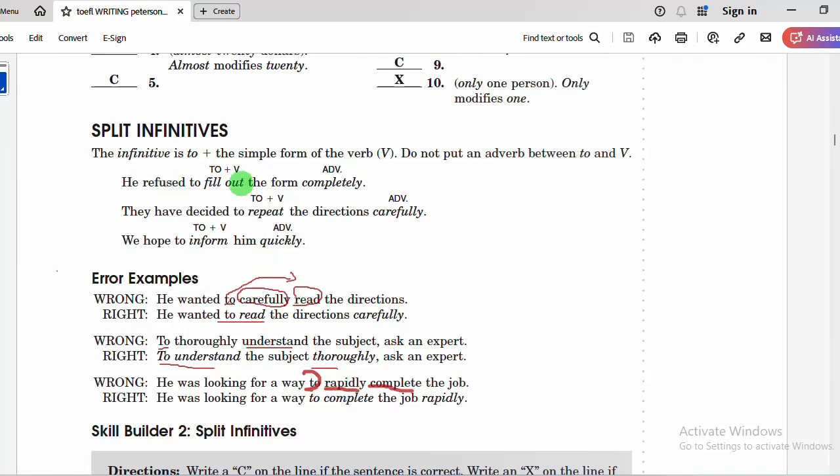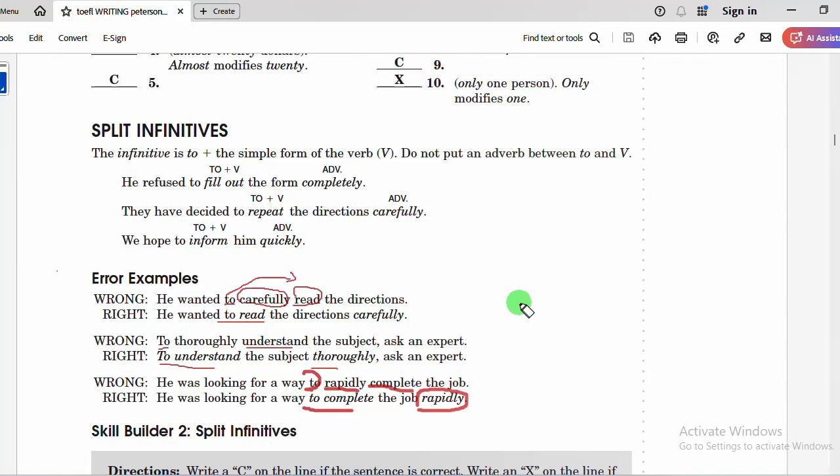So in order to fix that mistake, we need to move the word rapidly away. So the writer wrote the sentence saying he was looking for a way to complete the job rapidly. Rapidly was put at the end of the sentence, in end position. That's what we call split infinitives.